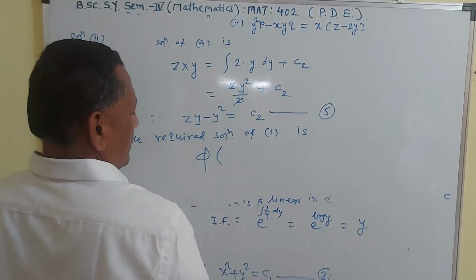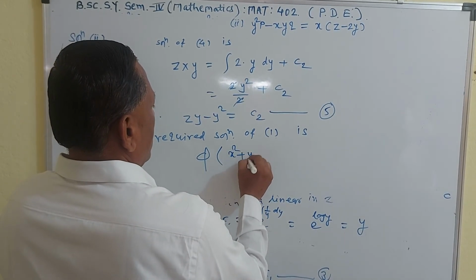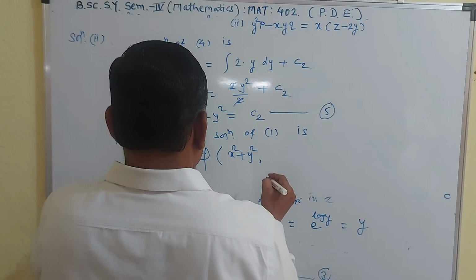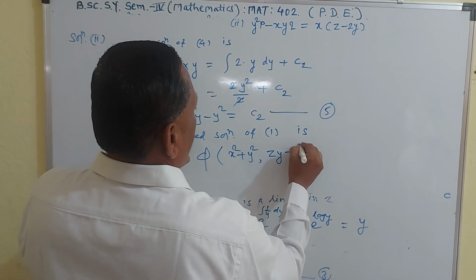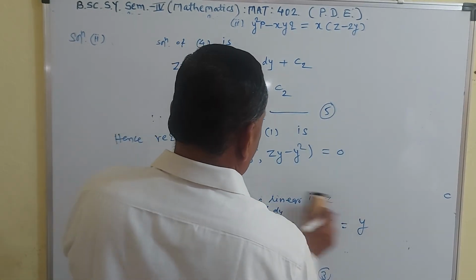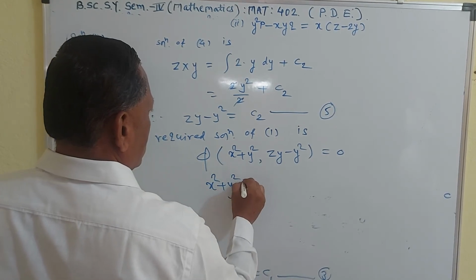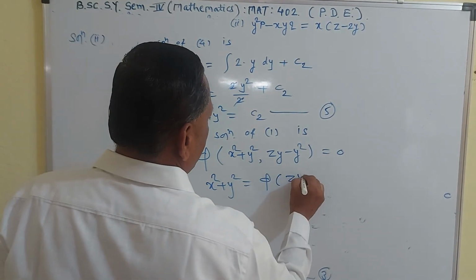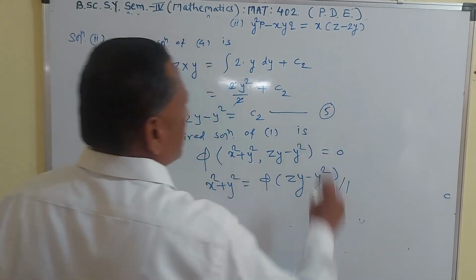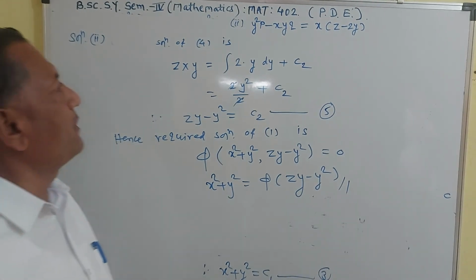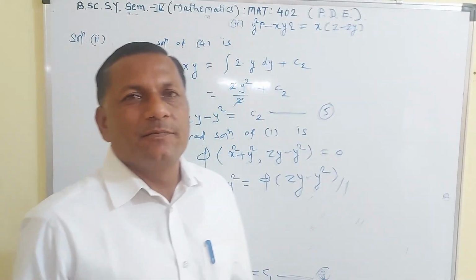That is, φ(u) means equation 3, x² + y², comma v from 5, zy − y², equals 0, or x² + y² = φ(zy − y²). In this way you find the general solution of the given partial differential equation.